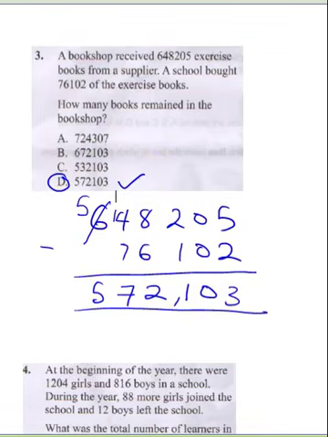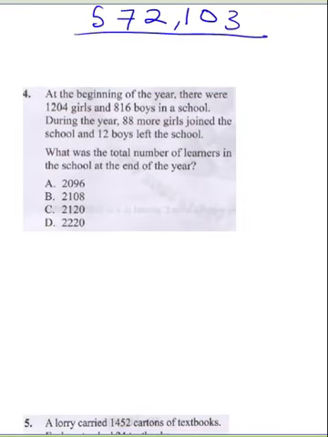So the next question is going to say, at the beginning of the year, there were 1,204 girls and 816 boys in a school. During the year, 88 more girls joined the school and 12 boys left. What is the total number of learners in the school at the end of the year? Now, it said girls were 1204 and boys were what? 816.